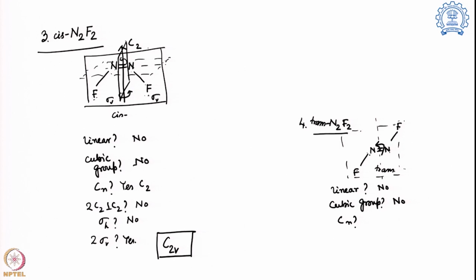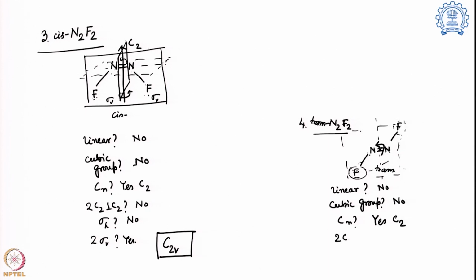Similar thing happens to the fluorine with 180 degree rotation through this axis, which is perpendicular to the plane of this molecule. This fluorine is going to come over here, and this particular fluorine is going to go over there. So, that means it remains as it is. So, that means there is actually a C2 present over here. So, answer is yes, and it is a C2.